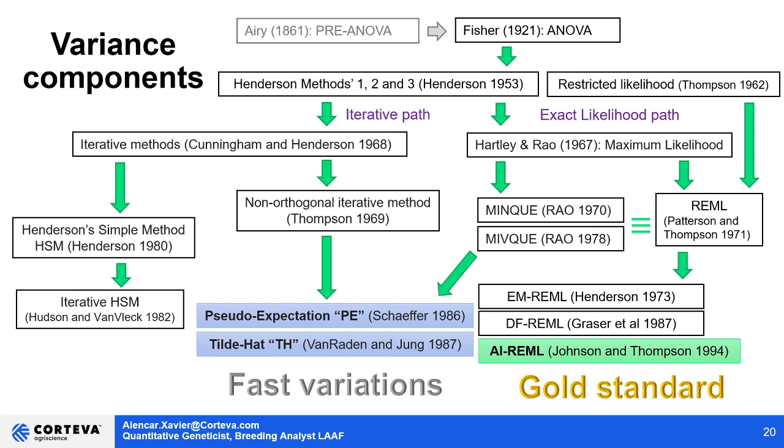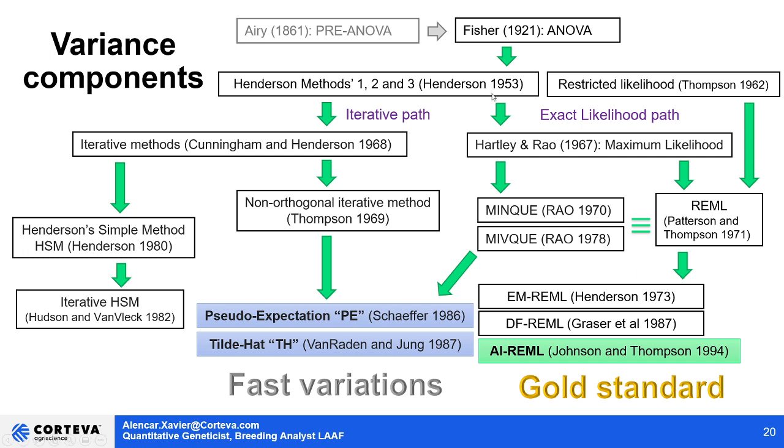So in the very top, I'm mentioning this reference of Airy, 1861. The theory of ANOVA is formalized in 1921. Keep in mind, ANOVA is a nice framework, but it has some very strong assumptions. It requires balanced data, and it can hardly handle complex covariance structures.